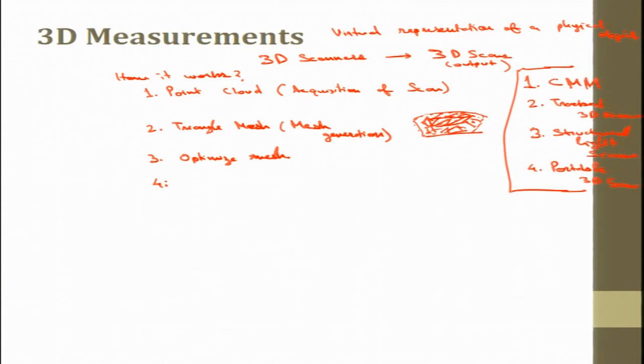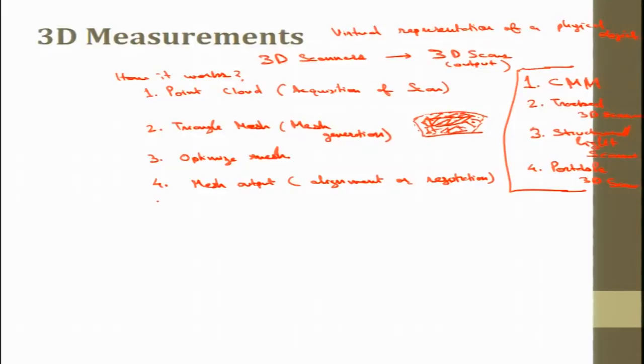This process is called alignment or registration, or we can call it mesh output. We have scanned from different views, and when we align those surfaces to get the specific solid shape, this is known as the complete mesh output.